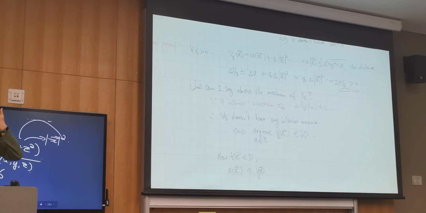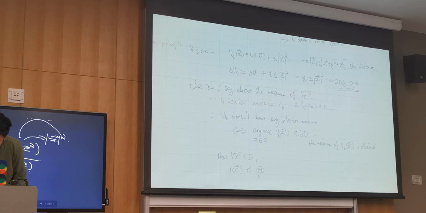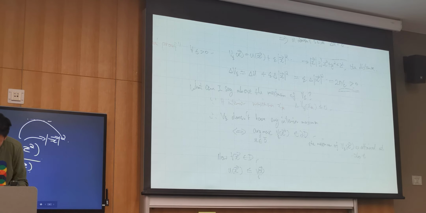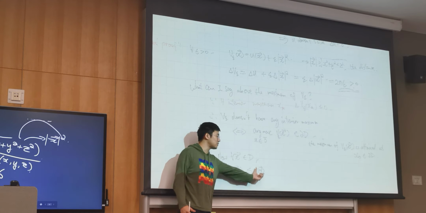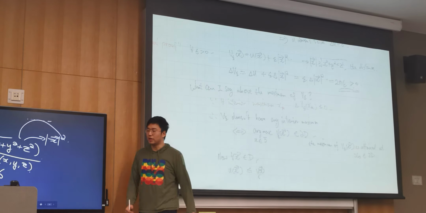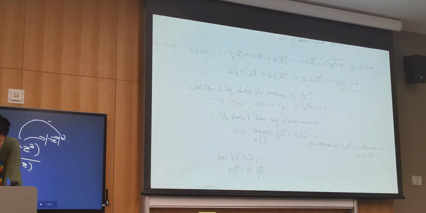And let's say the maximum of v epsilon is attained at x0, and x0 of course is on the boundary. So any value of v epsilon(x) should be smaller or equal to its maximum, v epsilon(x0).